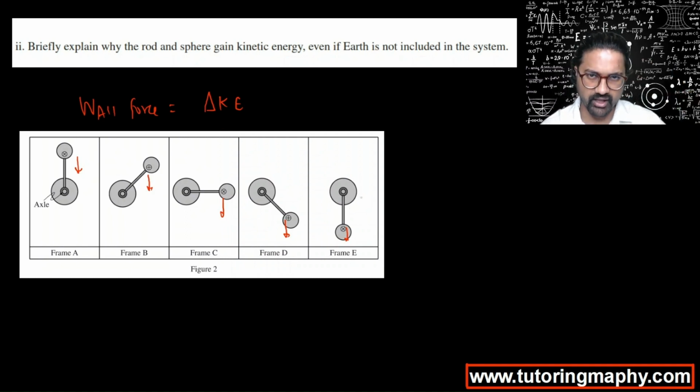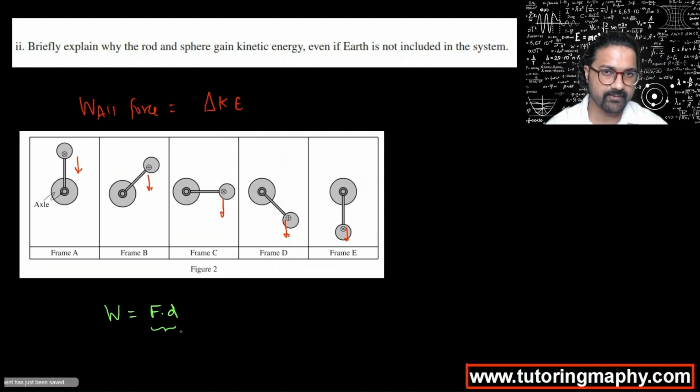Displacement is also down, right? Obviously some components are to be taken, but the force of mg is down, displacement is down, so the angle between the force and the displacement is acute, which means that the work done is positive because the work done is given by F dot d. Force and displacement are in the same direction.